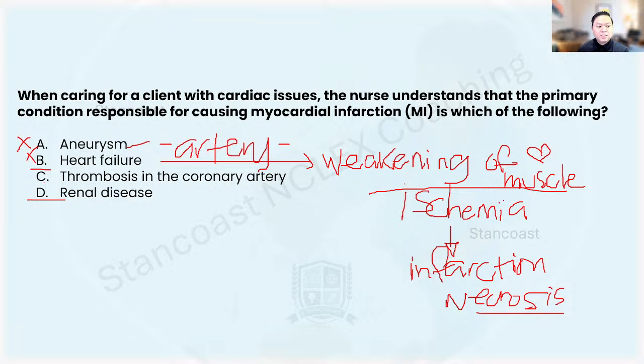Now let's take a look at letter D. Why is letter D not really the cause for myocardial infarction? Well, the renal disease will be one of those subsequent complications when there is myocardial infarction, possibly leading to cardiogenic shock.